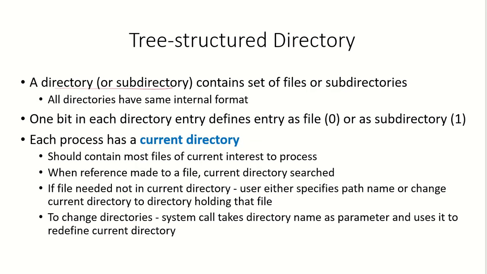A directory or a subdirectory will contain a set of files or subdirectories, and all these directories have the same internal format. One bit in each directory defines whether it is a file or a subdirectory. For a file, it can be specified as 0, and for a subdirectory, as 1.